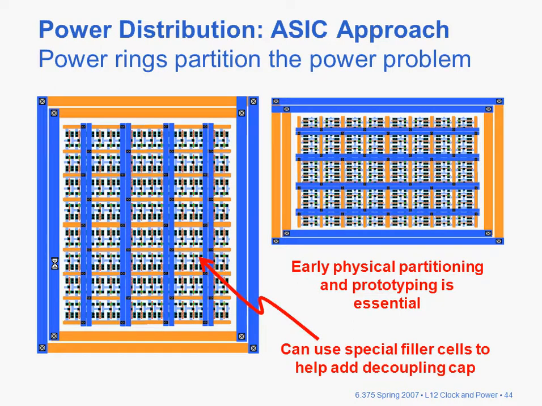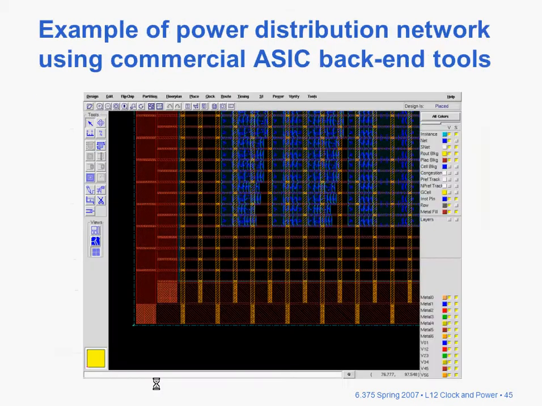And basically that means make sure it doesn't heat up too much and doesn't dissipate too much power, because the other problems of course are going to be associated with, as we said before, the IR drops in the power supply rails. This is an example of an ASIC backend tool that I think is Synopsys, I don't know for sure, showing a picture of a piece of the layout, and this was some kind of standard cell environment, and it's a grid of power and ground.